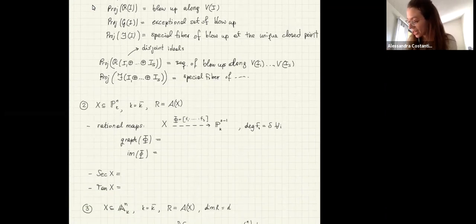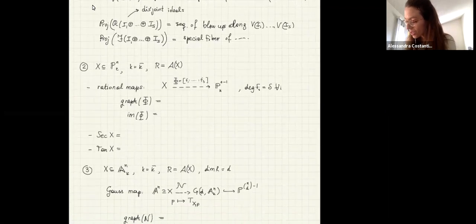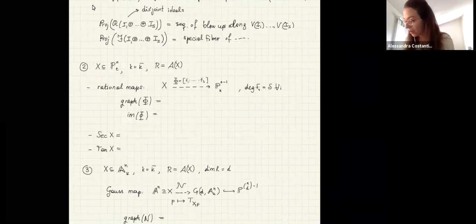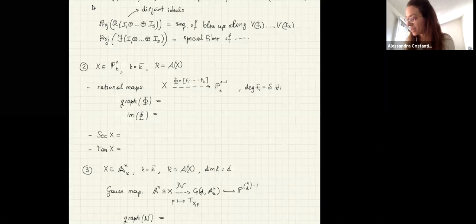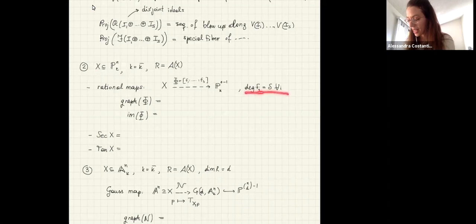But also another source is objects that are related to projective varieties. Whenever you have subvarieties of a projective space, you can always construct a rational map by picking homogeneous polynomials of all the same degree.